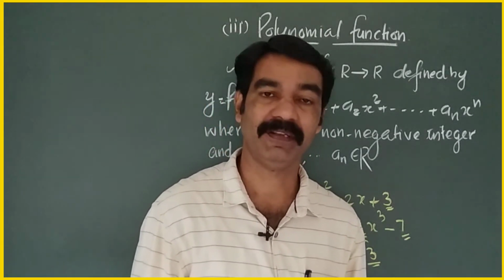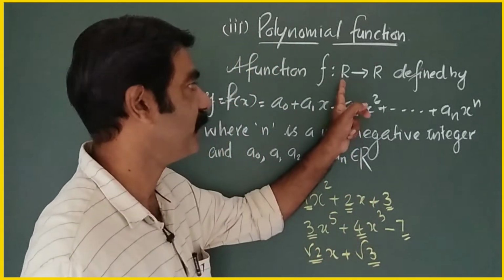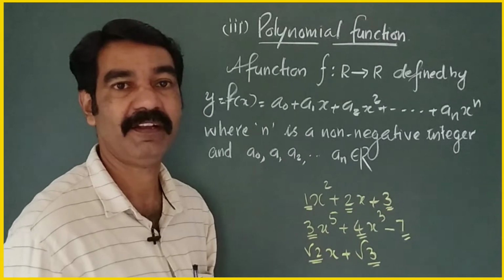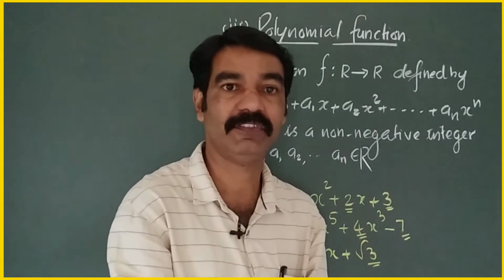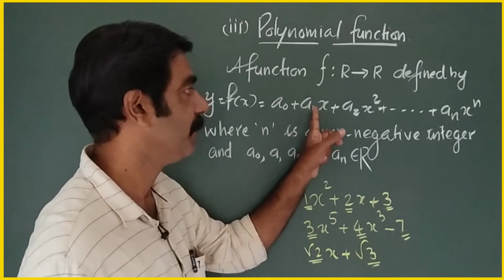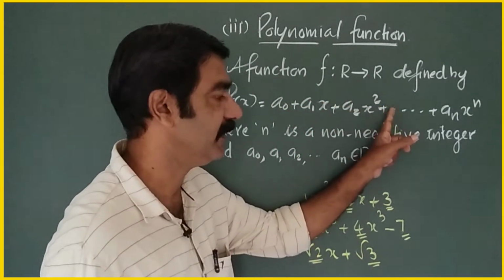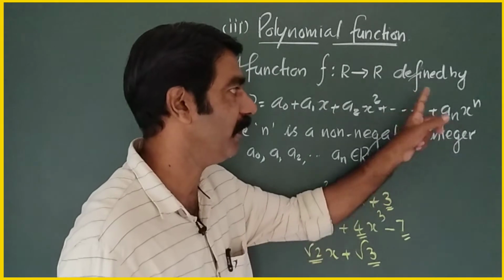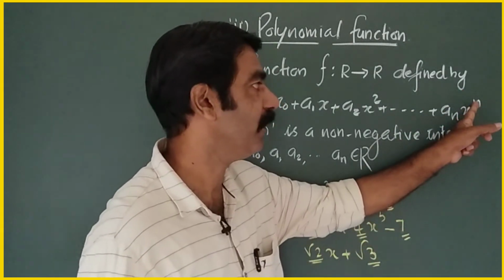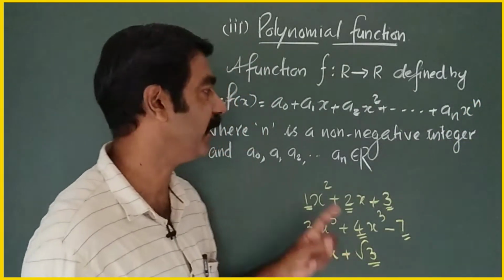A polynomial. So a polynomial function is a function from R to R defined by y is equal to f of x is equal to a0, a constant, plus a1x plus a2x square plus a3x cube, and so on, up to the last term, a_n x raised to n, where n is a non-negative integer.